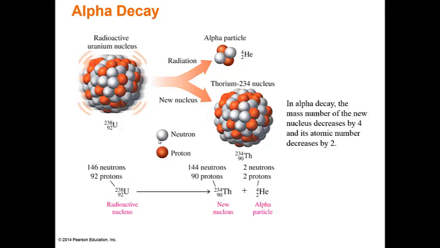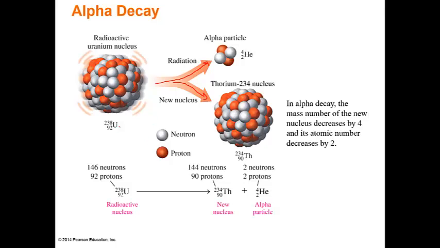So this is demonstrating just what I was saying, okay? The radioactive uranium nucleus lets off the radiation as an alpha particle, and then the new nucleus looks like thorium-234, all right?